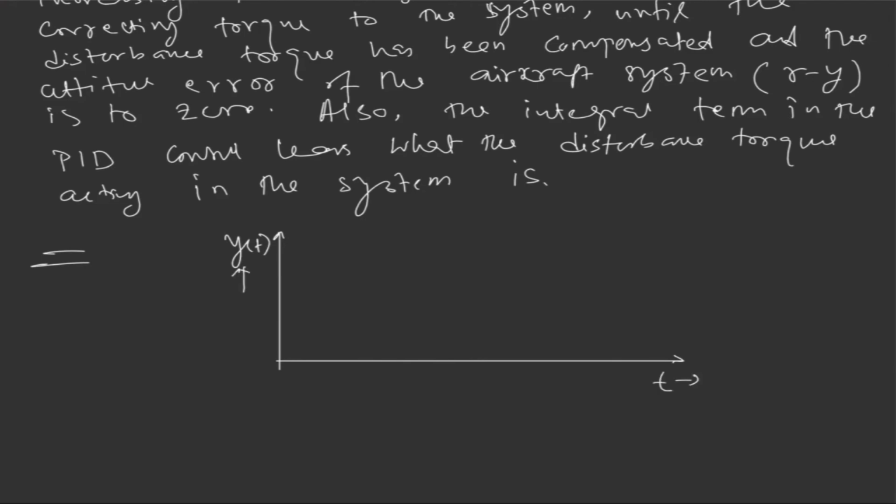If our desired value is somewhere here, and the aircraft attitude response, for example, is something like this, and after some time it gets settled here, the question is how we can reduce this overshoot or undershoot, and how we can reduce this steady state error. So we'll define some parameters which will help us modify the entire response.